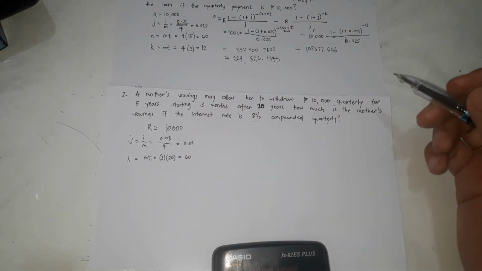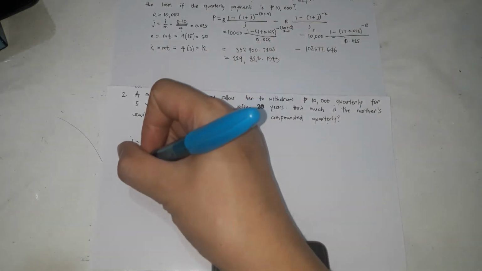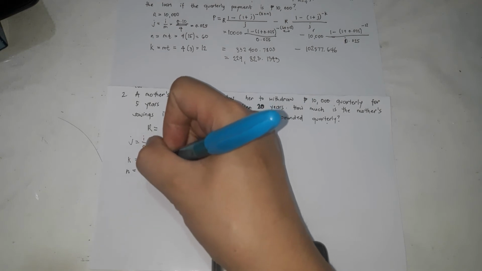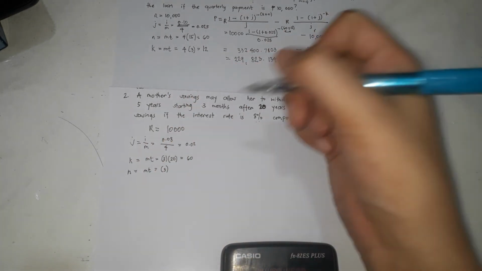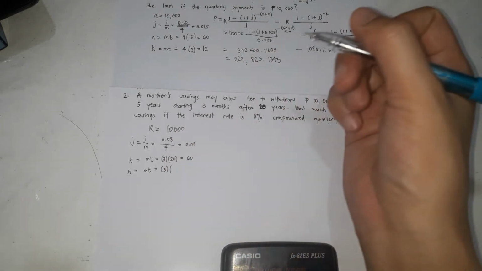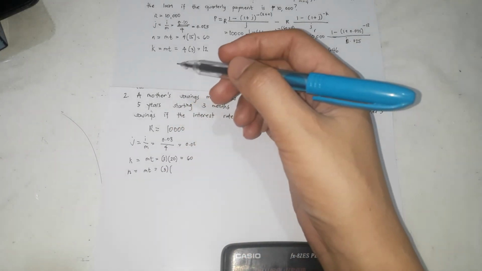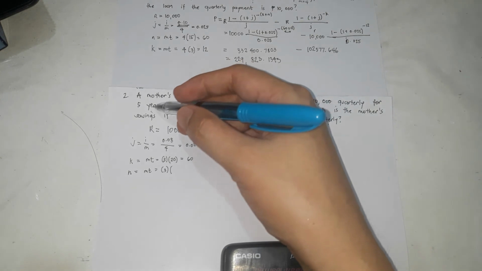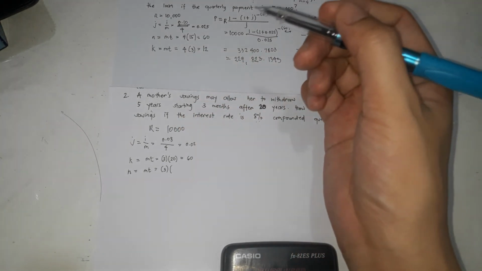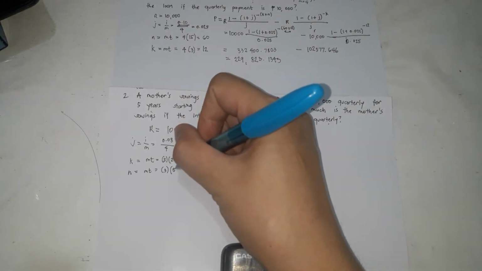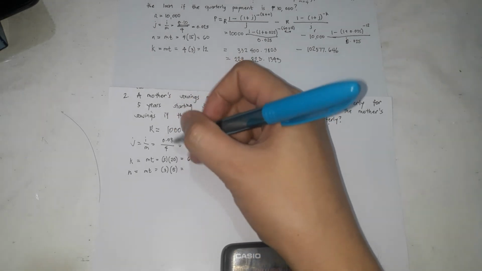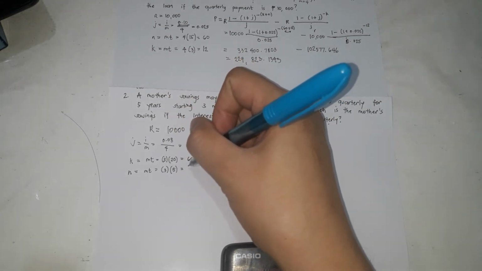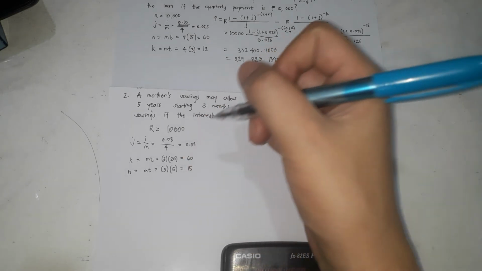Next is the N. M times T. 5 years yung makatanggap. So 5 years yung payment. So 3 times 5 is 15.